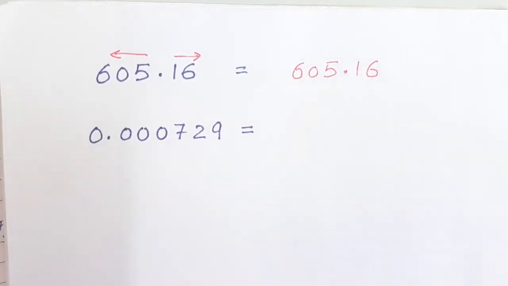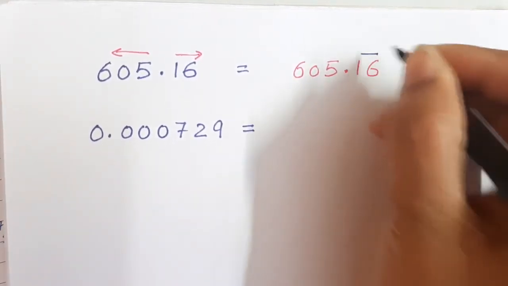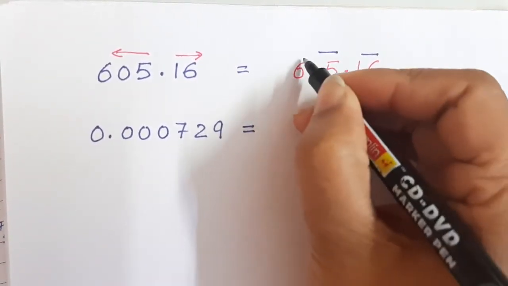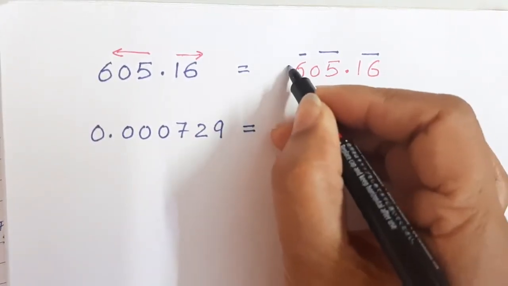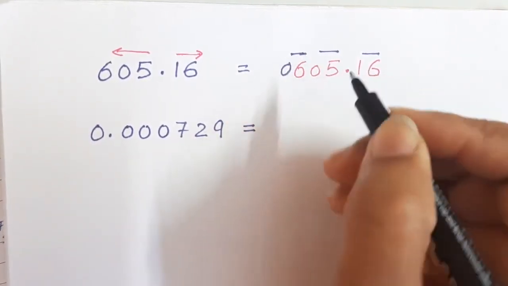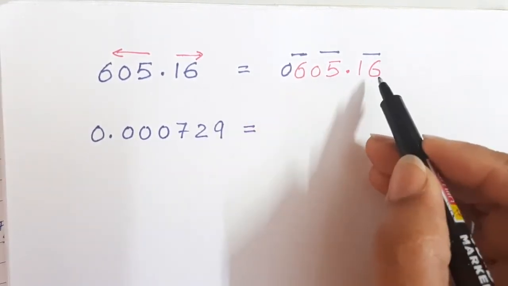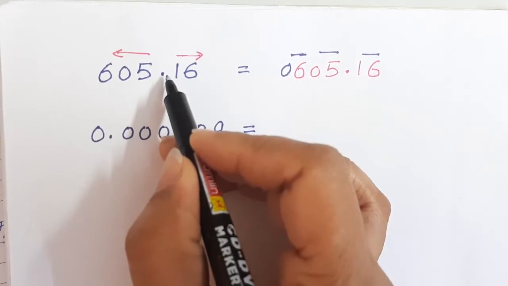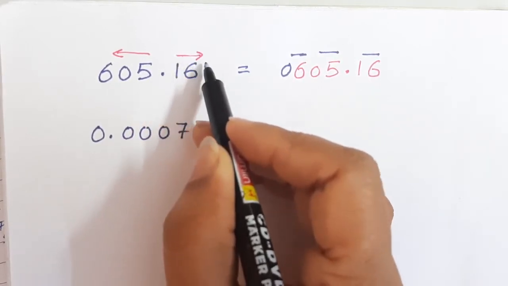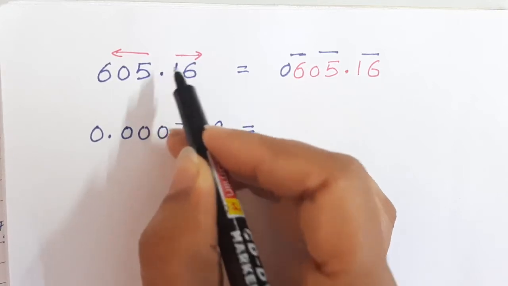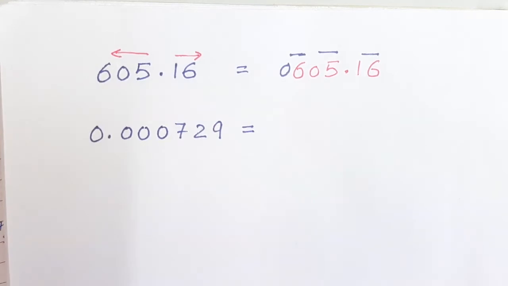So that means 605.16, the pairs will be 16, then 05 and then 6 alone, right? Before 6 you may put 0, which is not compulsory to put, right? You may skip this. So this is how. That is, after decimal we start from left to right, and before decimal from right to left.